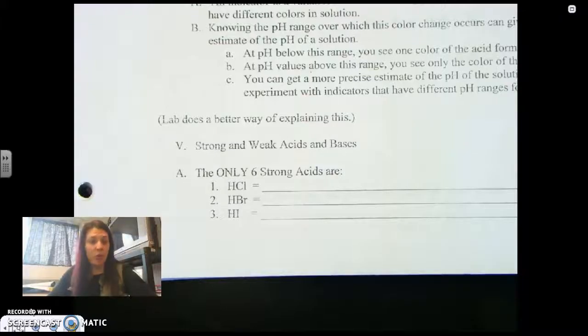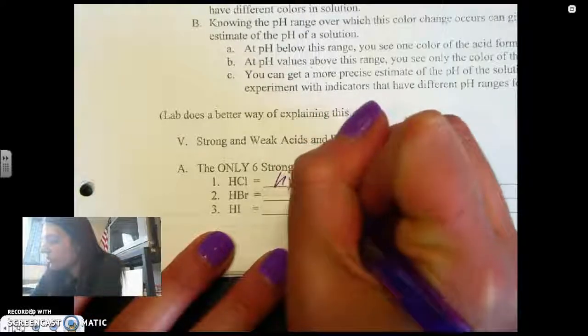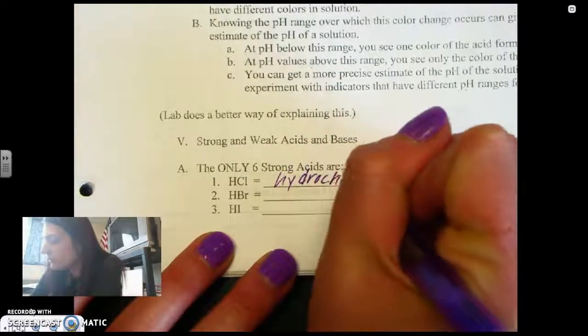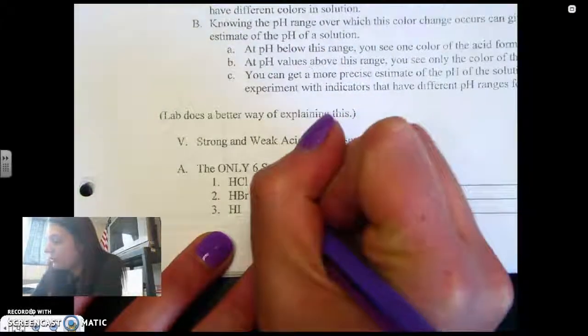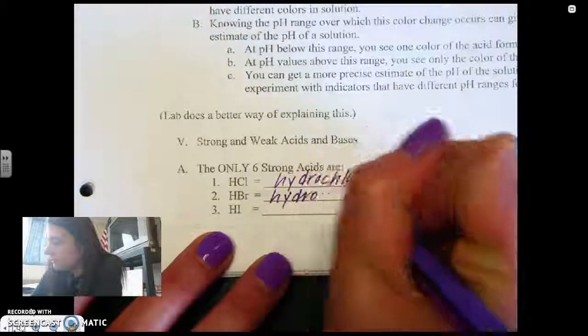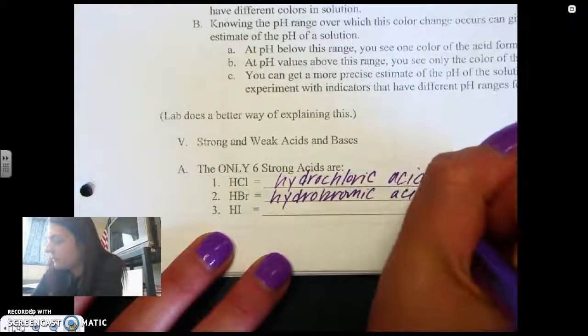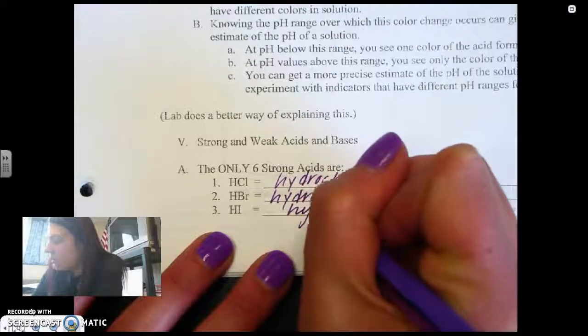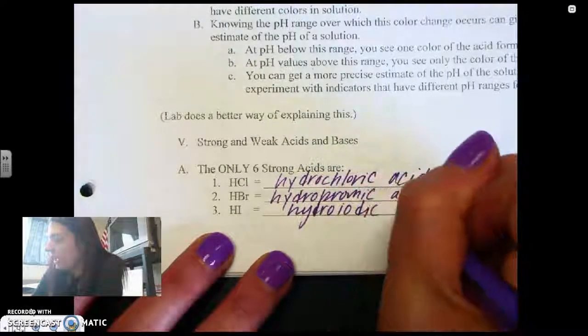There are really only 6 strong acids. There are more strong bases, but we'll talk about those when we get to bases. The 6 strong acids are hydrochloric acid, hydrobromic acid, and I always mispronounce this one, hydroiodic acid.